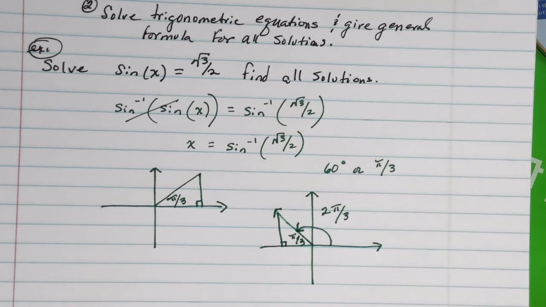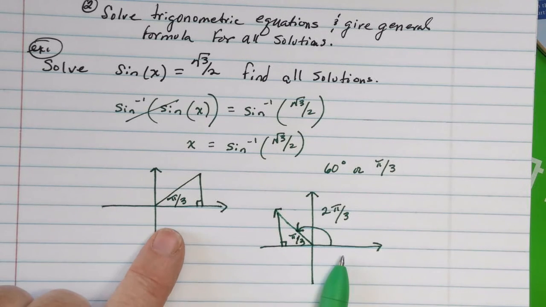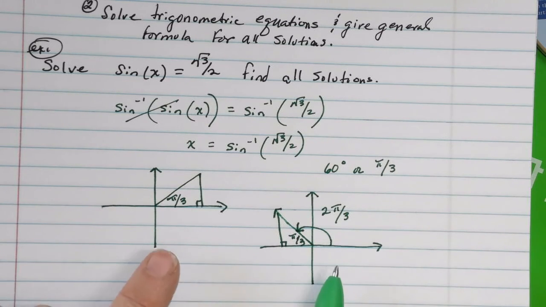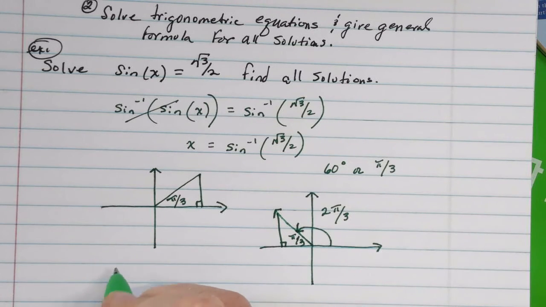Okay? Now, so we have to consider both of these, and not only do we have to consider both of these, we have to consider every rotation of these. So, let's look at how we're going to write our answers.